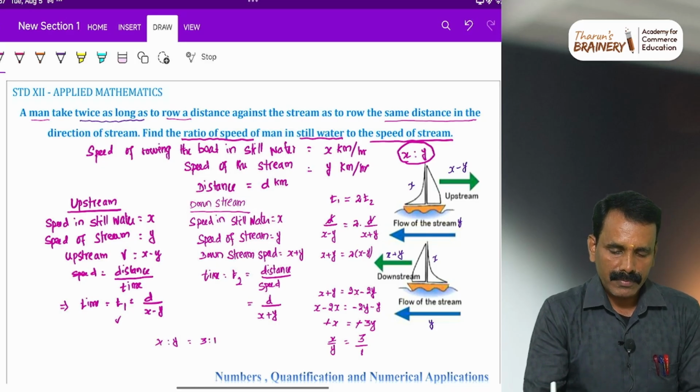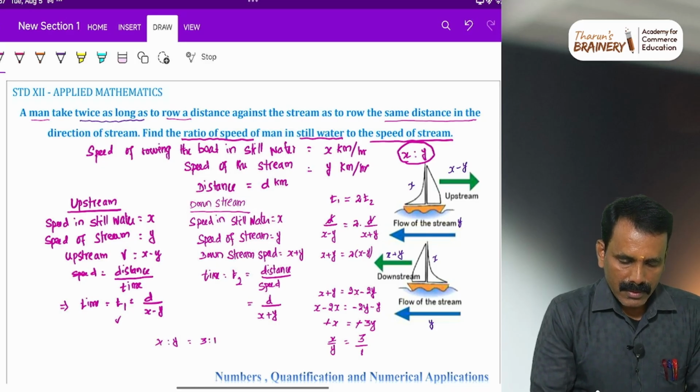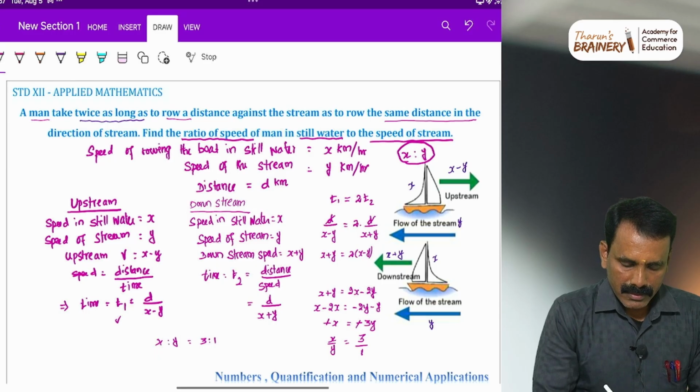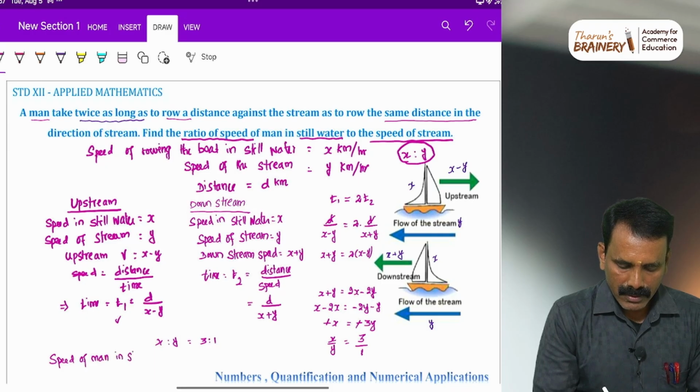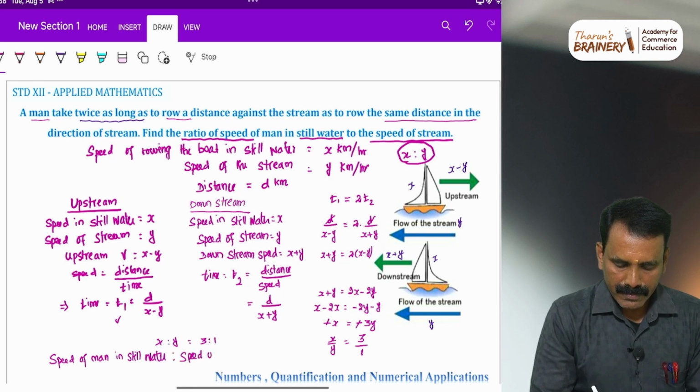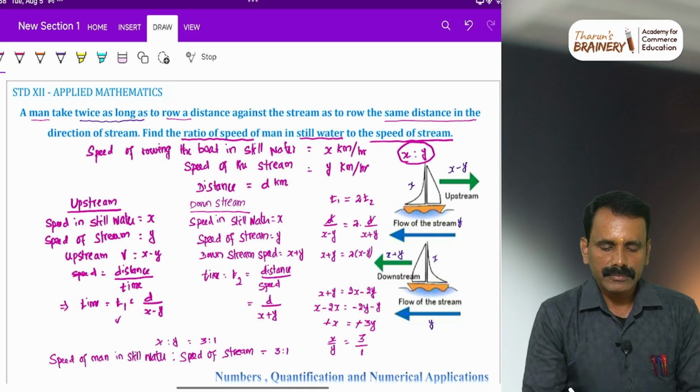That is, the speed of the man in still water to the speed of the stream is equal to 3:1. So this is the final answer.